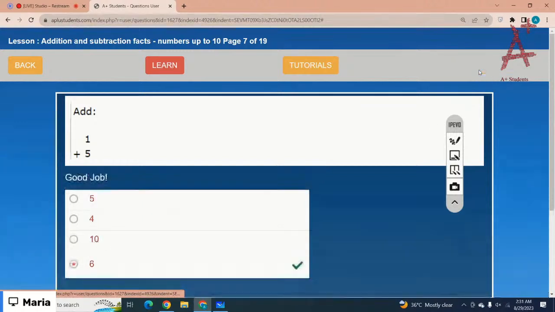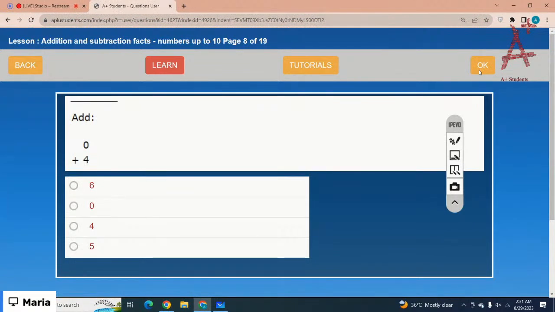You have to add them. 4 plus 0 equals, so adding or subtracting 0 changes nothing, right? So 4 plus 0 equals 4. The correct option is 4.